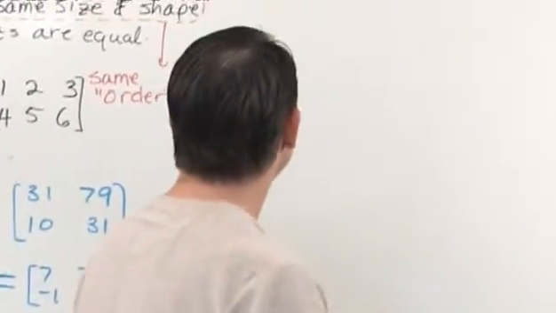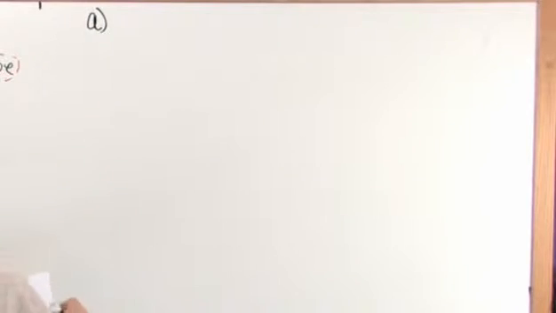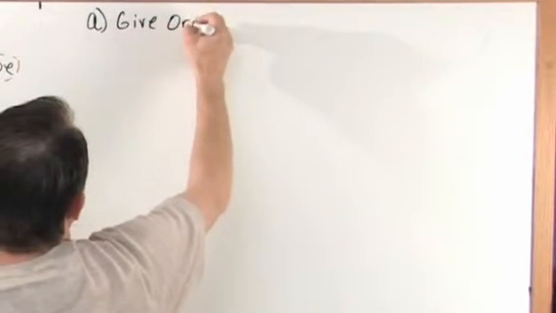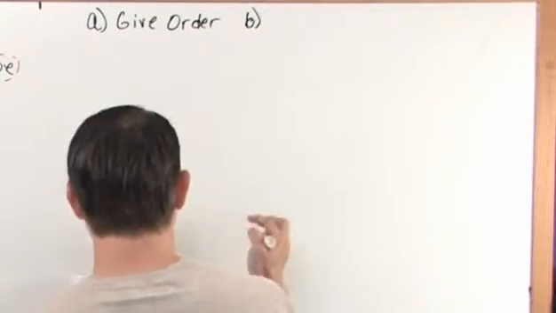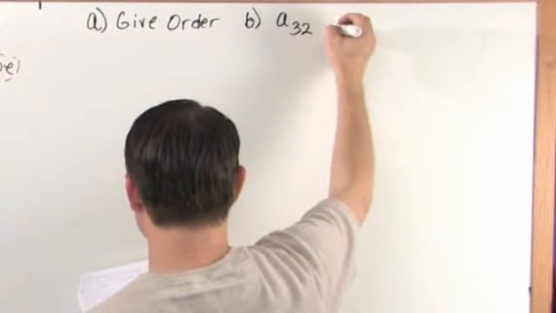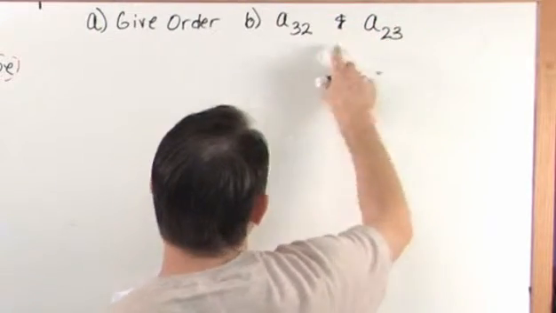So for the following problems here, let's do two things just to get some practice. Let's give the order of the matrix, okay? And let's also find A sub 3 sub 2, and A sub 2 sub 3, if we can.